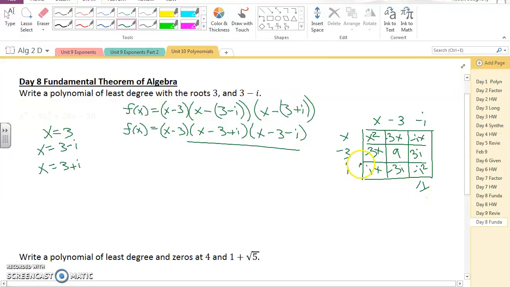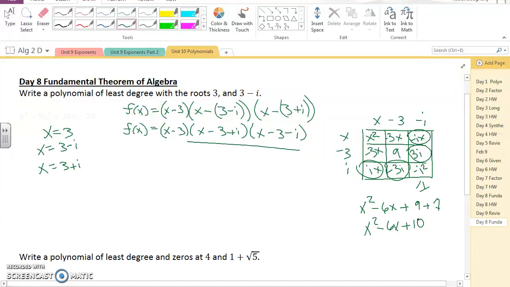And then what we see is ix cancels with the negative ix. The 3i cancels with the negative 3i. So everything with an i is gone. And I'm left with x squared minus 6x plus 9 plus 1. So that is going to be x squared minus 6x plus 10.